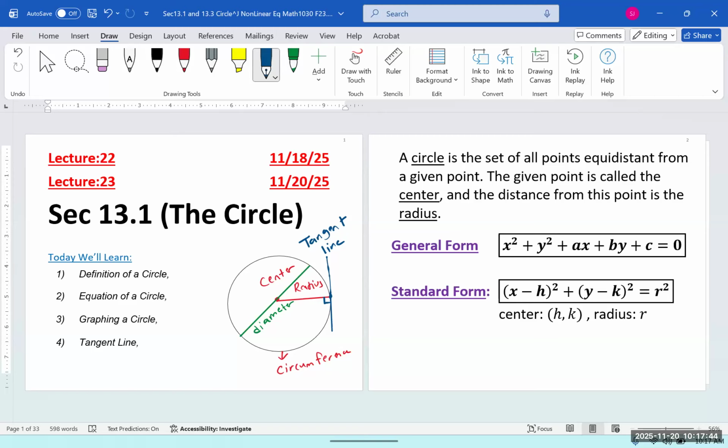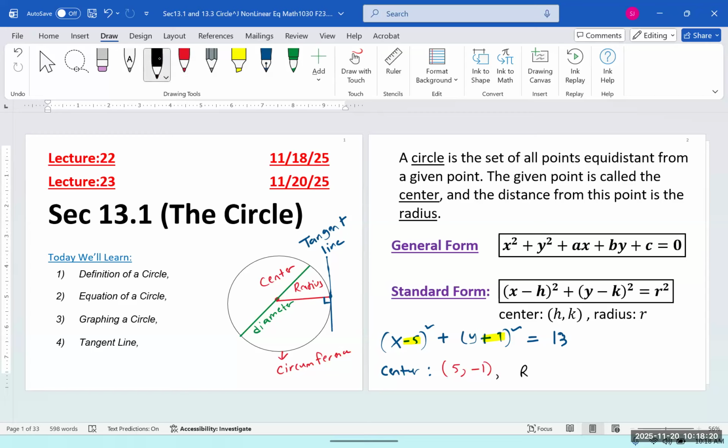For example, if you have a circle, let's say x minus 5 squared plus y plus 1 squared equals, let's say, 13, then your center would be the opposite of -5 and the opposite of +1. So it's +5, -1. You have to take the opposite sign for the center.